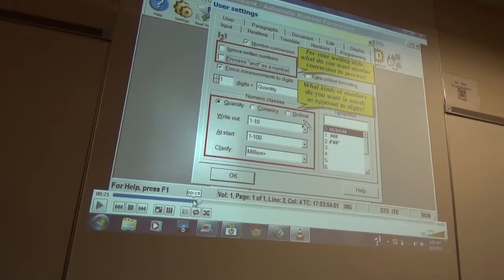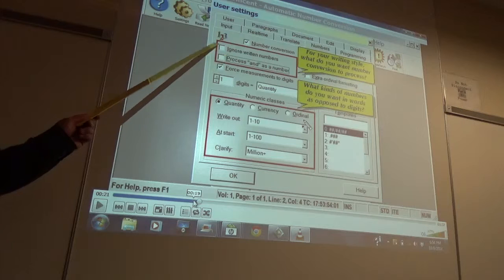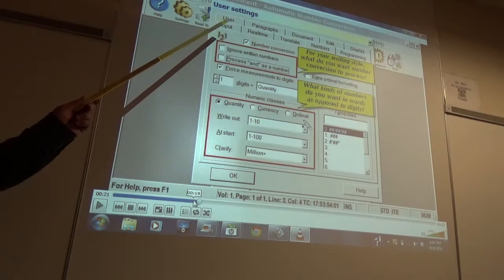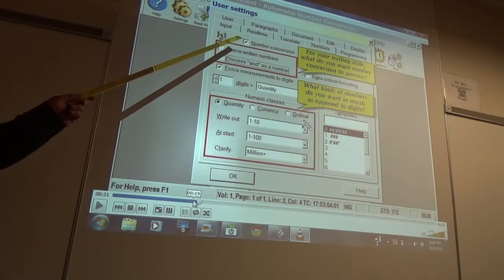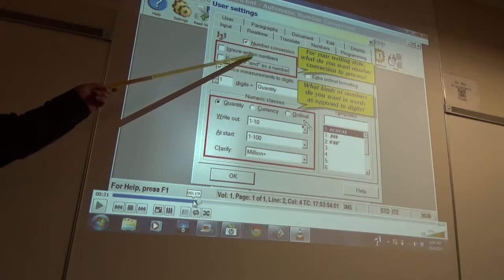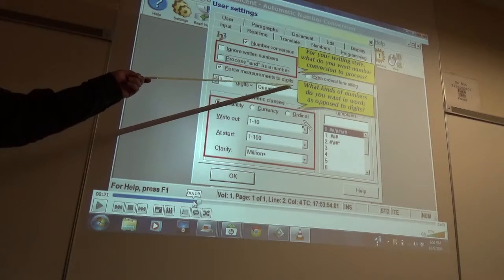So if that's the way you learned, with the other theories, that's the way you do it. Okay? I know in some of the theories they don't teach you to use the number bar. And if you don't, then that's a box that you need to check. Okay? Pretty self-explanatory. Ignore written numbers.